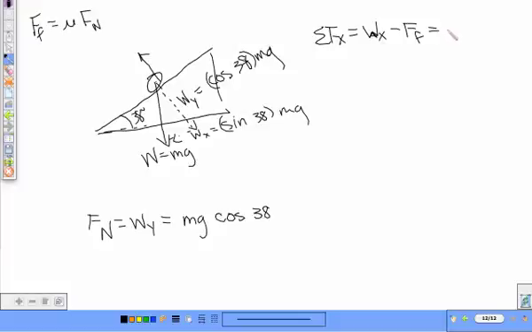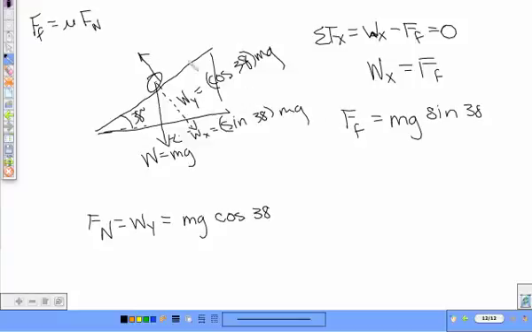Wx minus f_f this time is equal to 0 because we're not moving, so acceleration is 0. So Wx is equal to f_f. So the force of friction is equal to mg sine 38, correct?